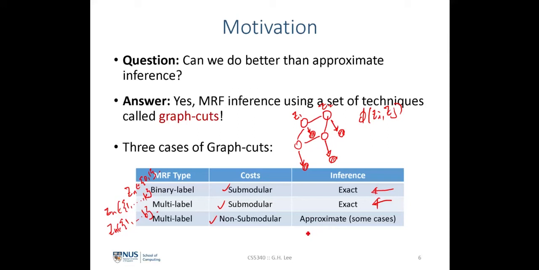We will have to resort to what we call approximate inference, and we'll also see that this will only exist for some cases. This means that some of the cases that fall under this category would be so hard that it's impossible to solve. In today's lecture, we'll see that these two can be solved using the max flow min cut algorithm, and as approximate inference, we'll see that this can be solved using the alpha expansion algorithm.